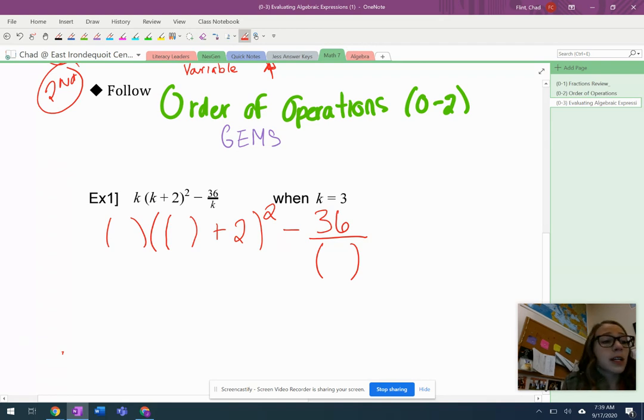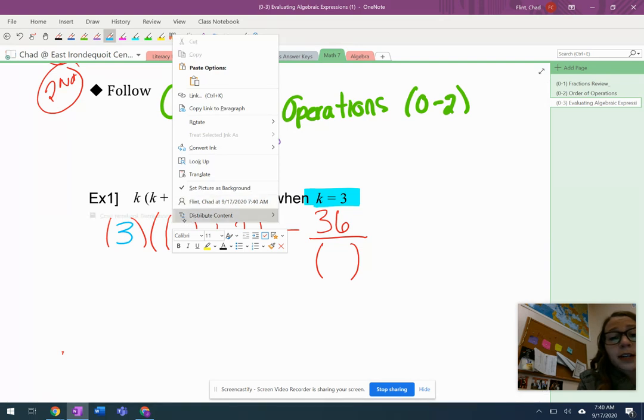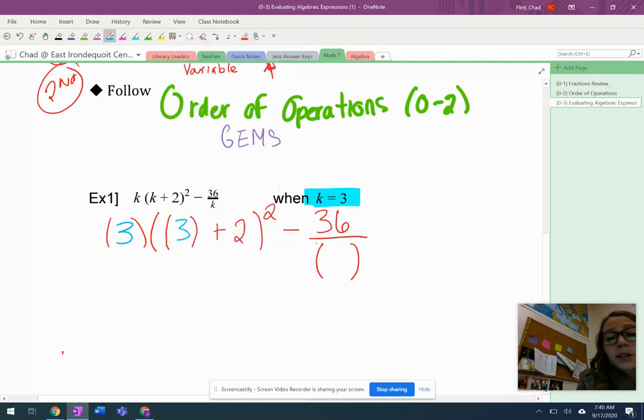So once I've filled in those empty parentheses, I can now go back and fill in what they told me k to be. And here in the problem, they're telling me that k is equal to 3 in this situation. So everywhere I've got an empty parenthesis, I'm going to fill in the number 3, because that's what they're telling me k is.